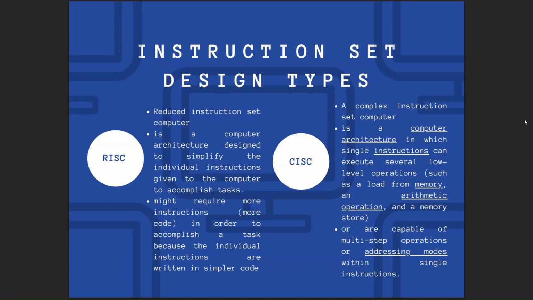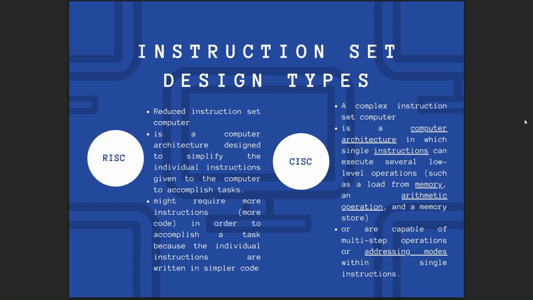Second is CISC, which stands for Complex Instruction Set Computer. In a CISC architecture, single instructions can execute several low-level operations, such as loading from memory, performing an arithmetic operation, and storing the result back to memory. CISC instructions are also capable of multi-step operations and complex addressing modes within a single instruction.